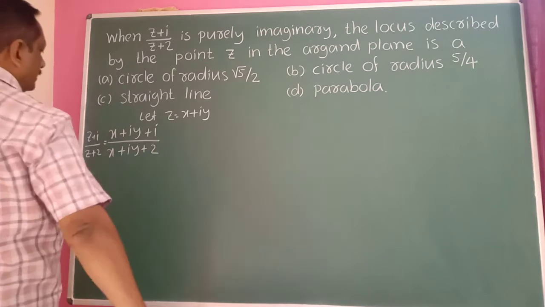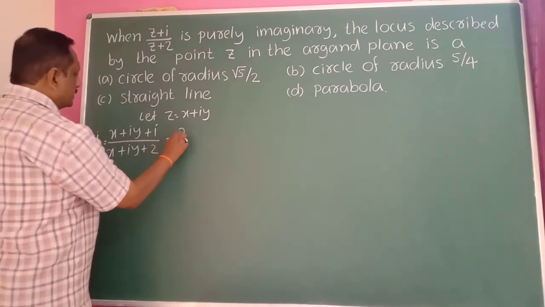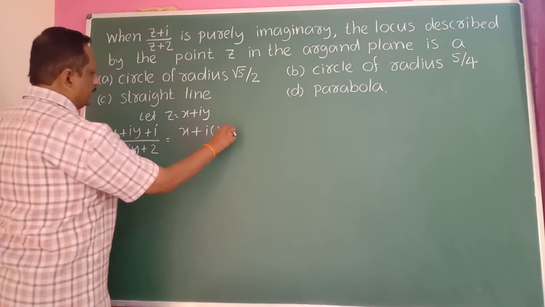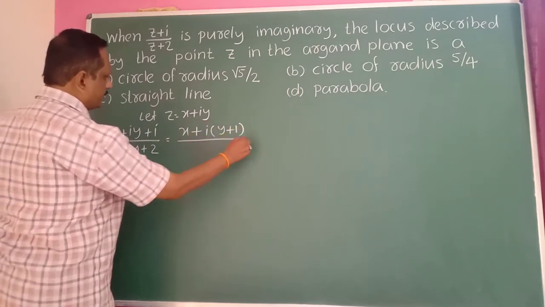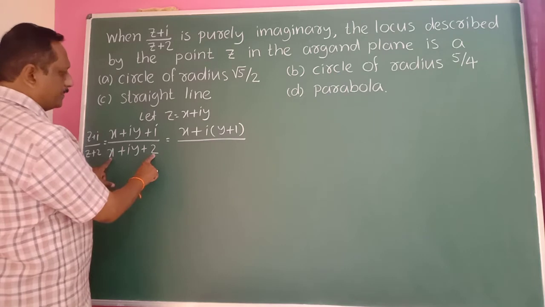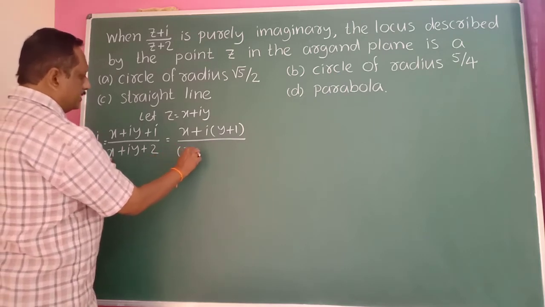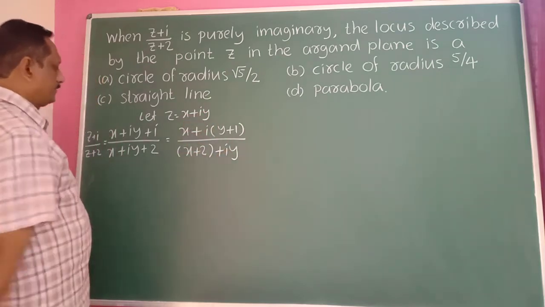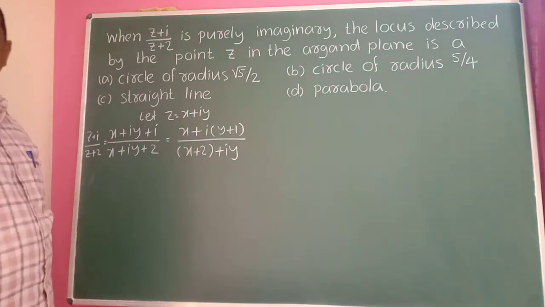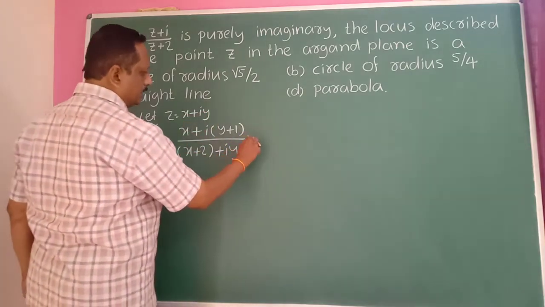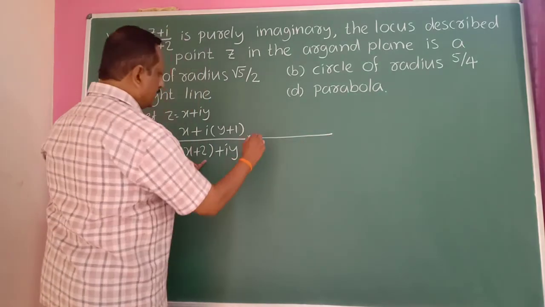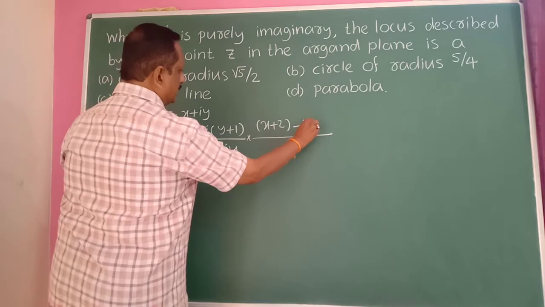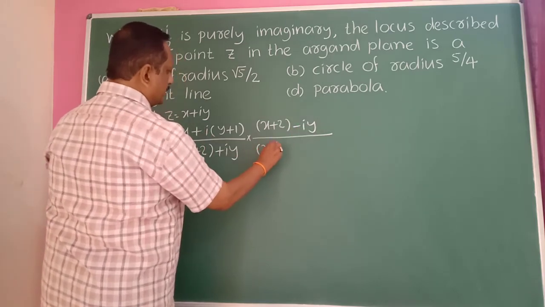Then this equals x plus i, where i is the common factor, y plus 1, divided by the real part x plus 2, written in the bracket, plus i into y. Now we rationalize here, multiplying numerator and denominator by x plus 2 minus i into y. Rationalize here.